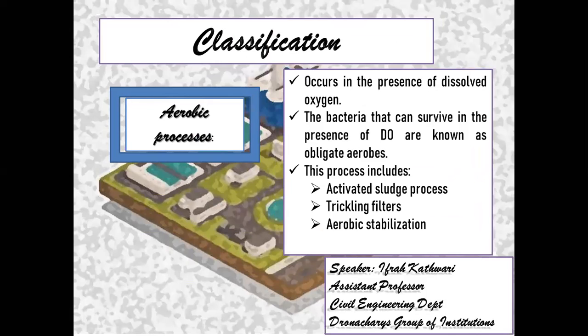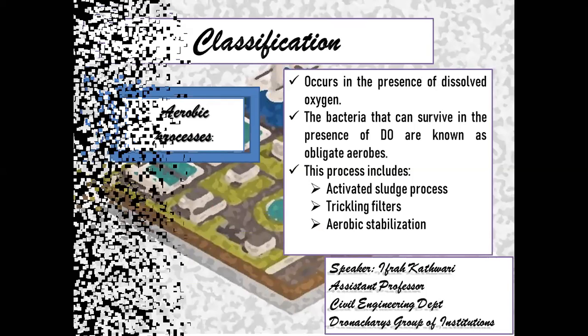Okay, so yes, this process includes the activated sludge process or trickling filters, or we can say aerobic stabilization. Everything involves aerobic decomposition, and all of these processes are aerobic processes. And these trickling filters and activated sludge processes are discussed in the future slides and future lectures that I will be taking.